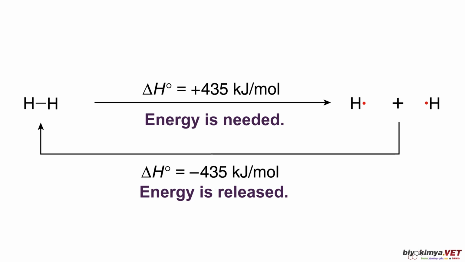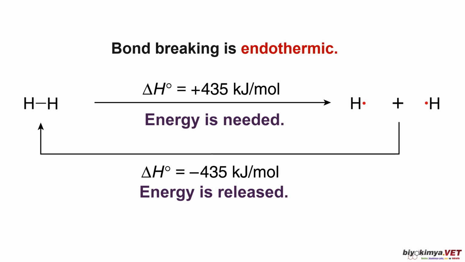And here is an example. In the bond breaking direction, which is endothermic, the enthalpy change is a positive number, thus energy is needed. In the inverse direction, the radicals combine to form the bond, or bond making, the enthalpy change has a negative value, thus energy is released, and bond making is exothermic.